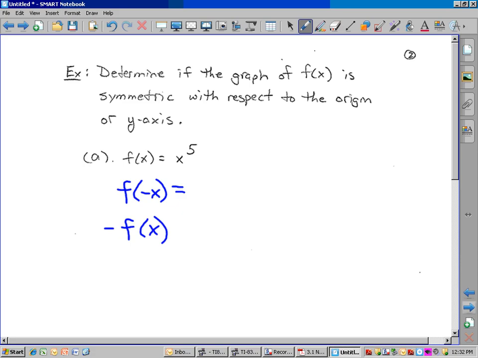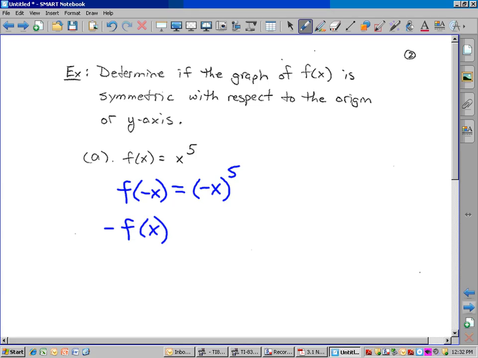Well, no, I want specifically f of negative x. If this is f of x, x to the fifth, what would f of negative x be? Which is just a substitution. Correct. Negative x to the fifth.